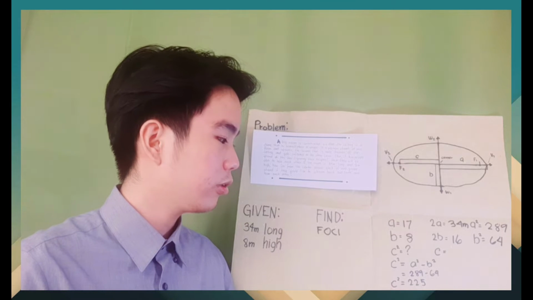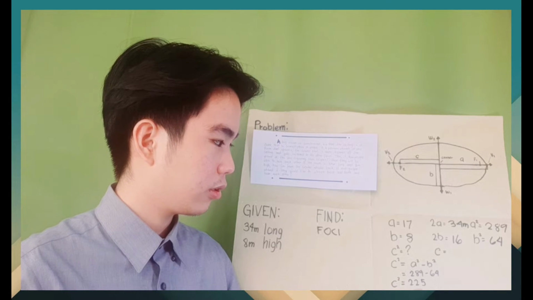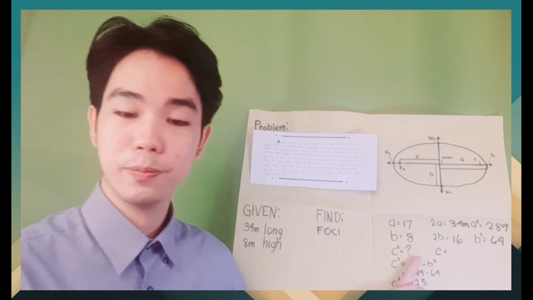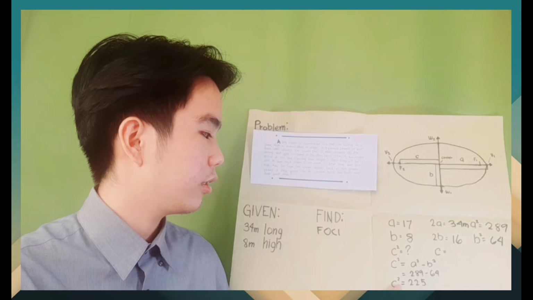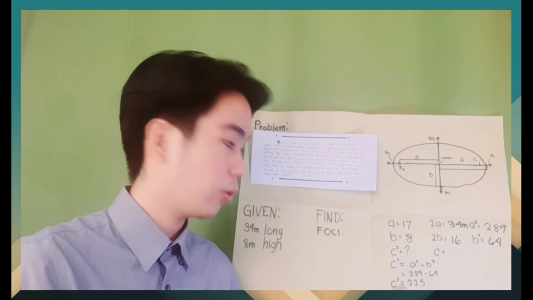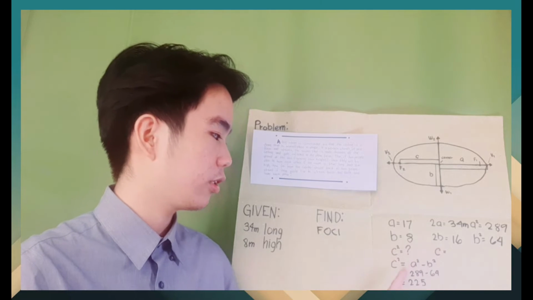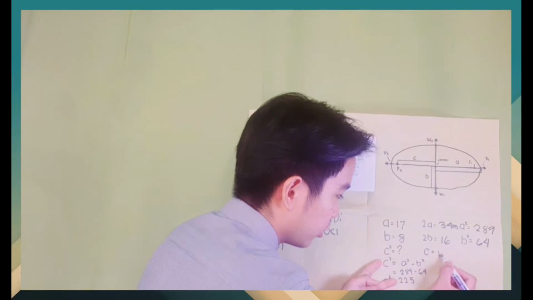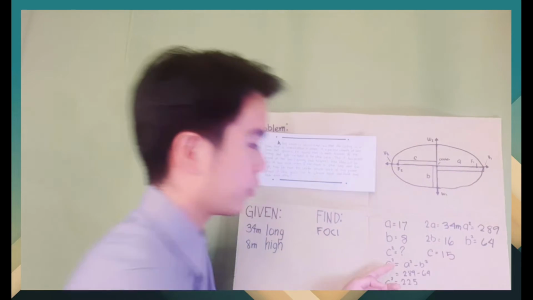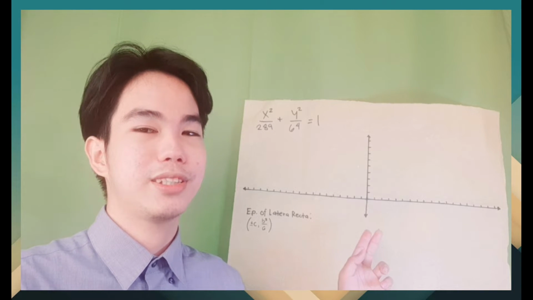So c squared is 225. So what is the value of c? The value of c is the square root of 225. The square root of 225 is 15. So c is equal to 15.